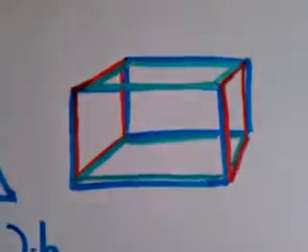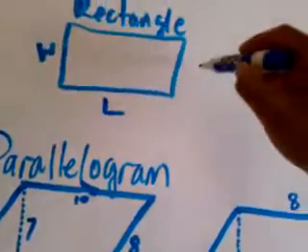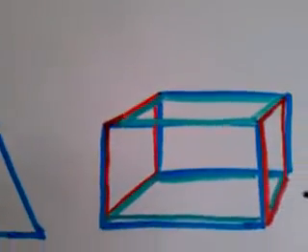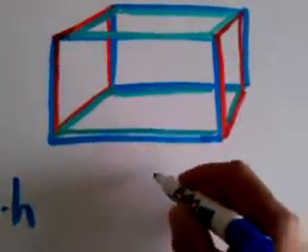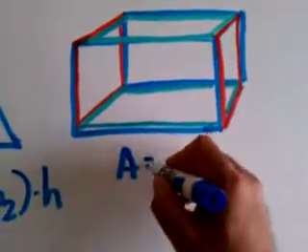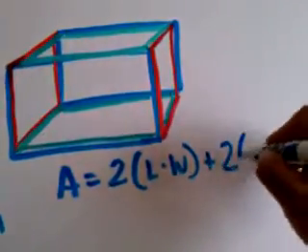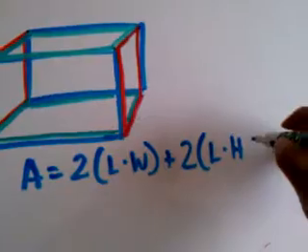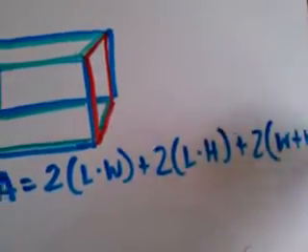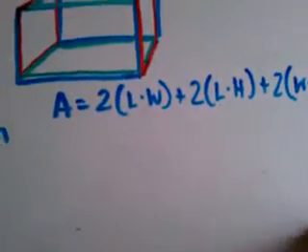And we know that just like the area of a rectangle is length times width, it's going to be the same thing here, except we're going to multiply it by 2. So the area is really, and I kind of write this two different ways. Area equals 2 times the length times the width, plus 2 times the length times the height, plus 2 times the width times the height. Now, a number of you already know that I write it a little bit differently in the class.